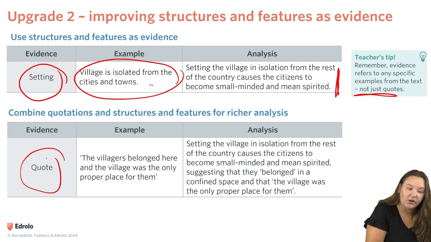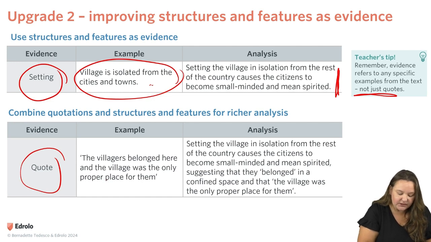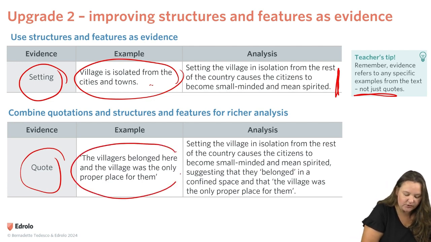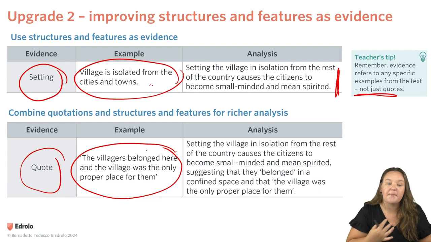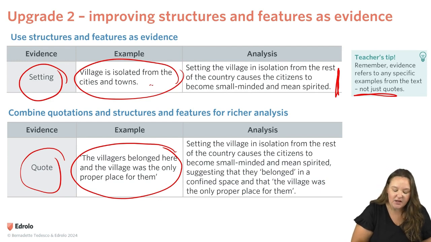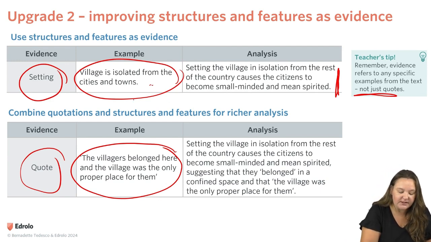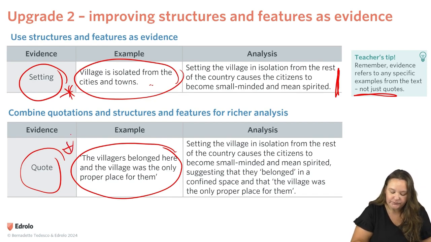So if we were going to use a quote as evidence, the villagers belonged here and the village was the only proper place for them. So that's something that Merricat says about the villagers. And I want to combine both of these bits of evidence together, the setting and the quotes.